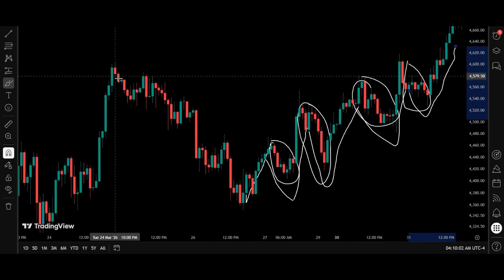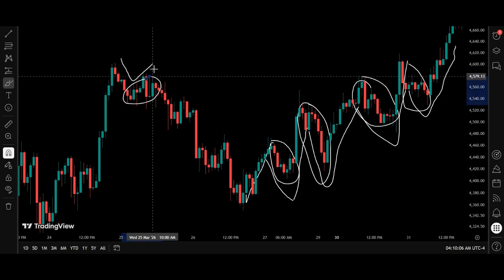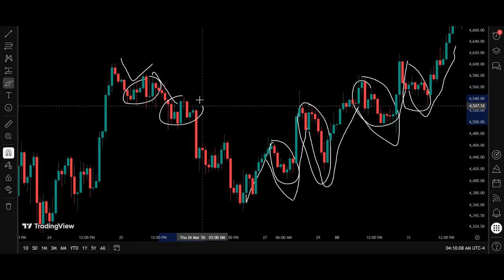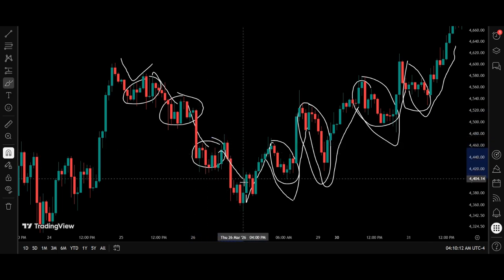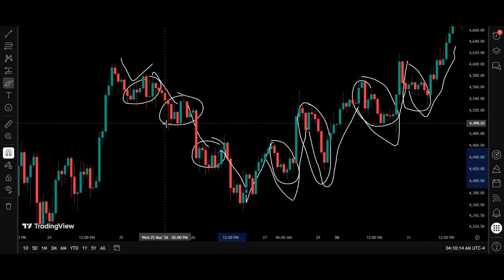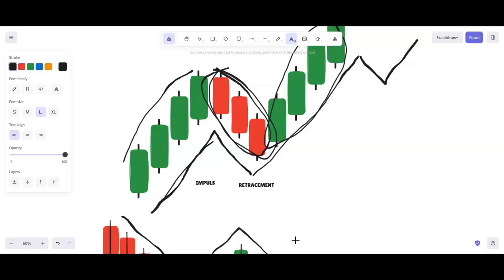Same in bearish: the market comes down, retraces, then comes down, retraces again. So the market moves in two ways, making an impulse and a retracement.